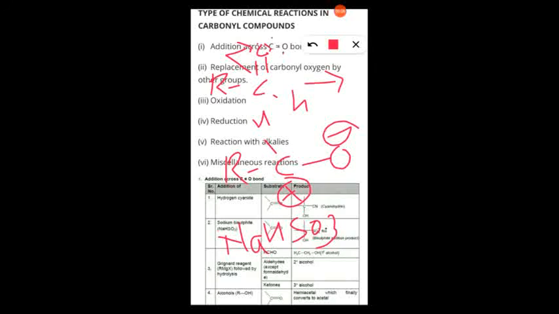In NaHSO3, this Na is positive and HSO3 is negative. So this HSO3 is joined with carbon and sodium is joined with oxygen because of positive charge. So this sodium bisulfite also gives reaction to form, that is nucleophilic addition.